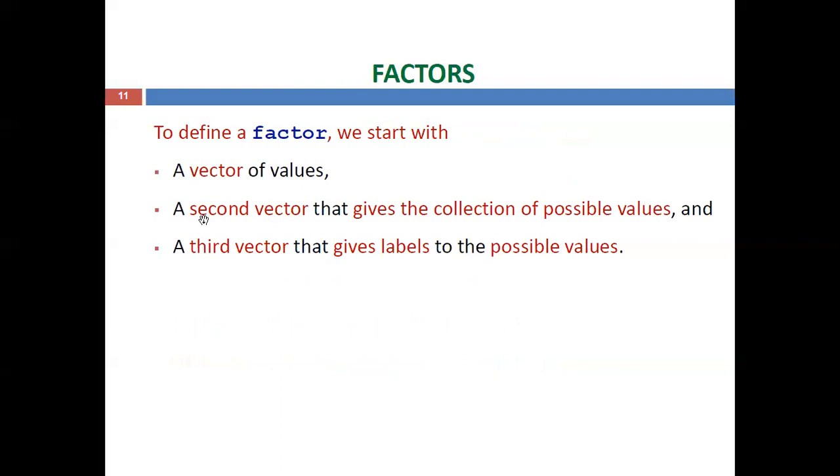Second, a vector that gives the collection of possible values, and third, a vector that gives labels to the possible values. So whenever you are defining a factor, you need to create these three vectors.